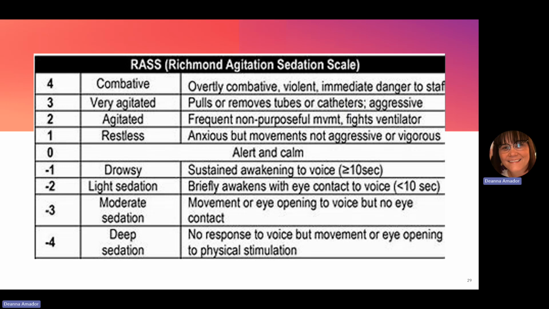Like I said, this is a sedative. It's used for sedation. And it'll say to maintain a RASS score of 0 to -1. And as you can see on here, a 0 is alert and calm. And a -1 says drowsy. It says sustained awakening to a voice.